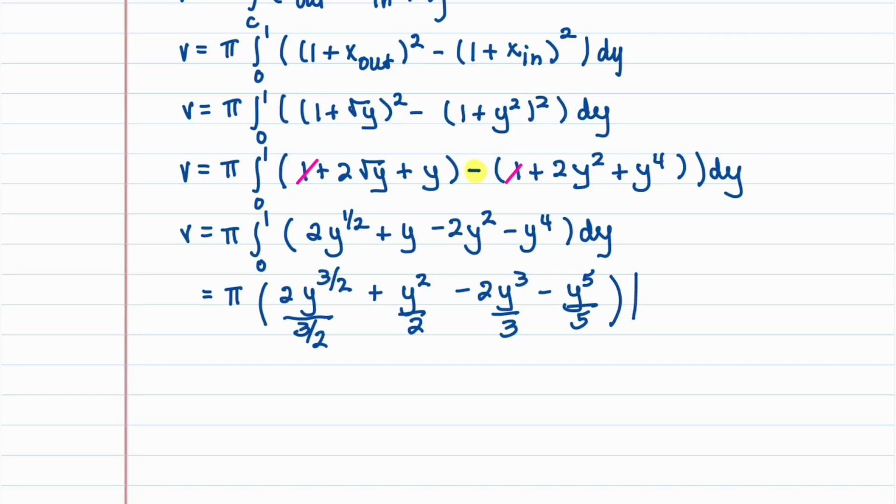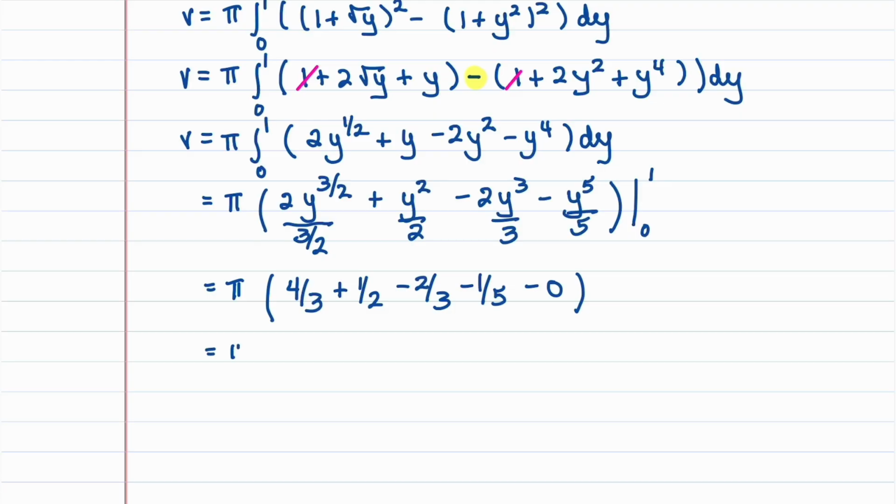And we're going to evaluate this from 0 to 1. Let's see what we get. This is pi. 2 divided by 3/2 is 4/3. So we have a 4/3. And then we have a 1/2 minus 2/3 minus 1/5. And then we subtract off 0. It's always nice when our limits of integration are 0 and 1.